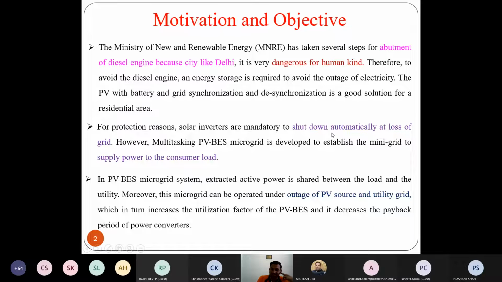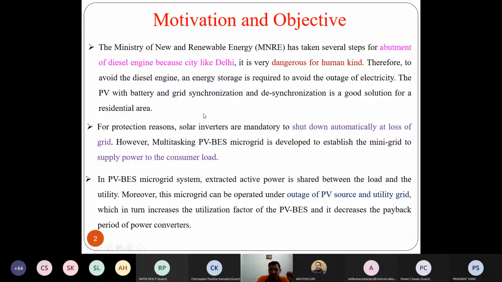What is the problem in conventional solar inverters? Grid connected conventional solar inverters. For protection reasons, solar inverters are mandatory to shut down. The important aspect of a grid tied solar inverter, I would say, is that there must be a grid.